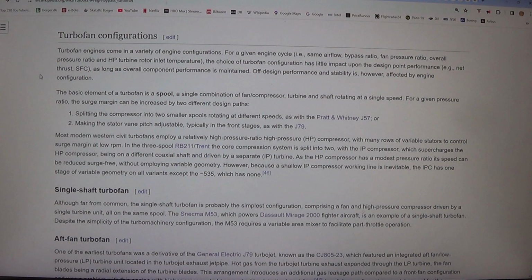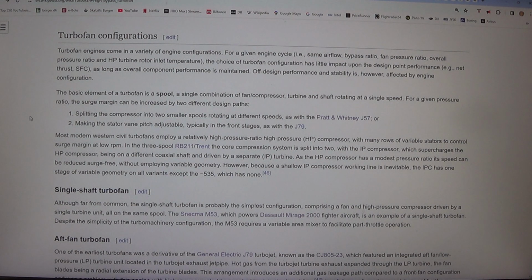The basic element of a turbofan is a spool, a single combination of fan and compressor, turbine and shaft rotating at a single speed. For a given pressure ratio, the surge margin can be increased by two different design paths.